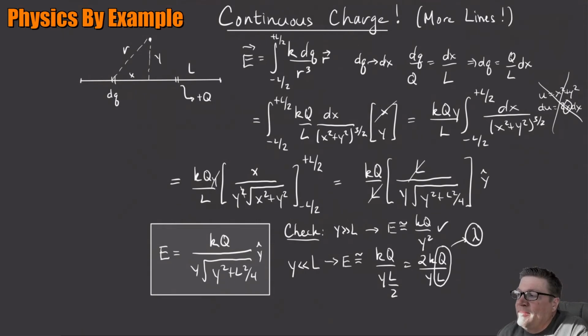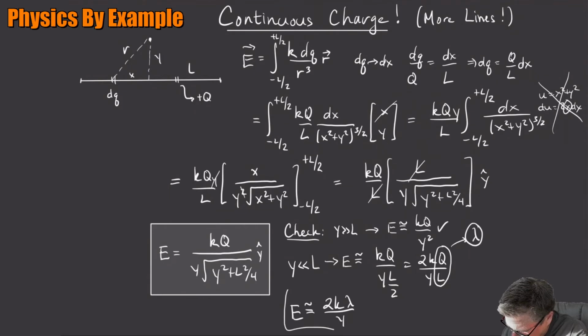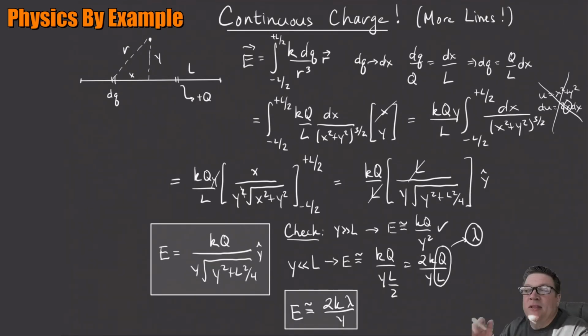It's a lowercase lambda. So here, the electric field is 2k lambda over Y. Great. Okay, so lambda is just charge per meter. Okay, so that's the electric field from a line.